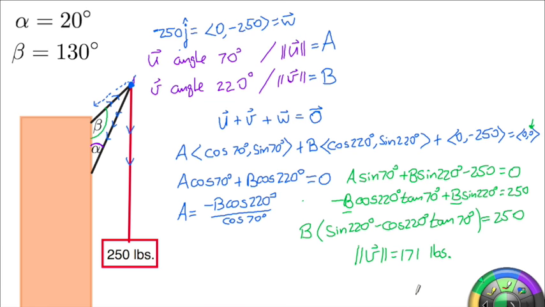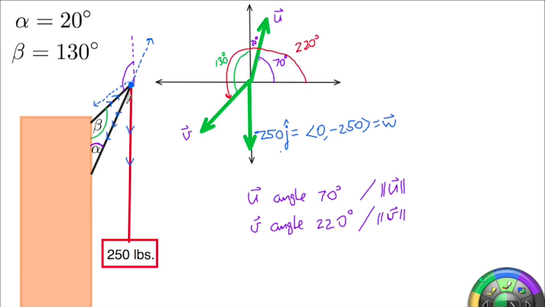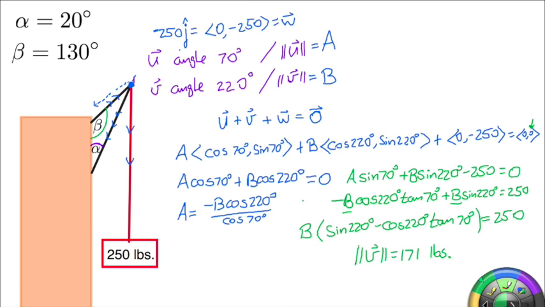So the v support, I forgot which one v was, the v support, this one here, has to be able to support 171 pounds of force going in that direction. Whatever. Alright. Now that we have what b is equal to, we can substitute it in here and find out what a is equal to.